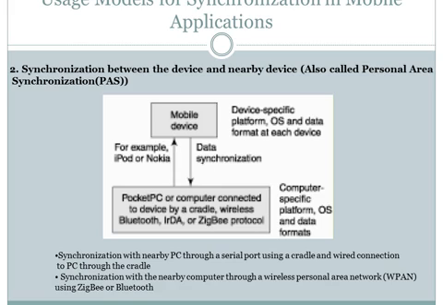Here the synchronization with a nearby PC could happen through a serial port using a cradle. Once the device is placed on the cradle, it automatically synchronizes with the nearby device, or it could also be through a wired connection to the PC.